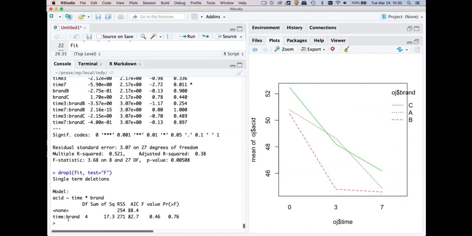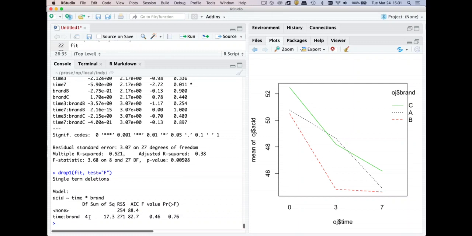An interaction is where the effect of one variable, say time, on the dependent variable, acidity, depends on the other variable, brand. So it doesn't make much sense to talk about a main effect if there's an interaction. That's why we're only testing for interactions at this point.